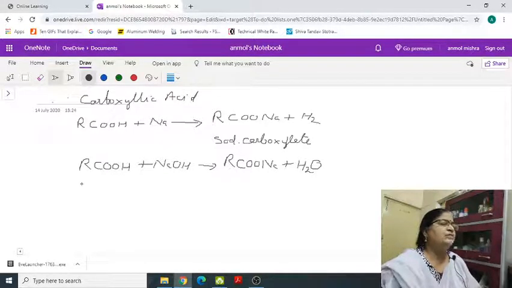It also reacts with weak bases like carbonates and bicarbonates, unlike phenol, not alcohol, unlike phenol.